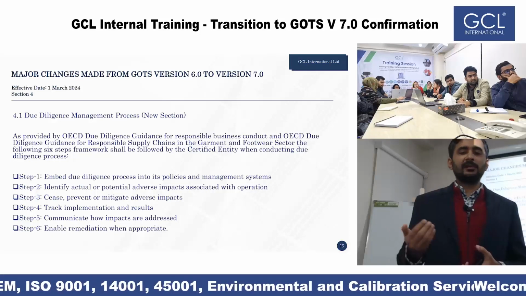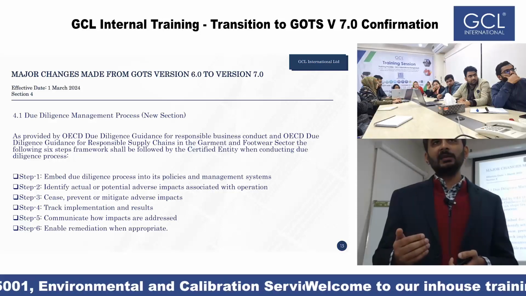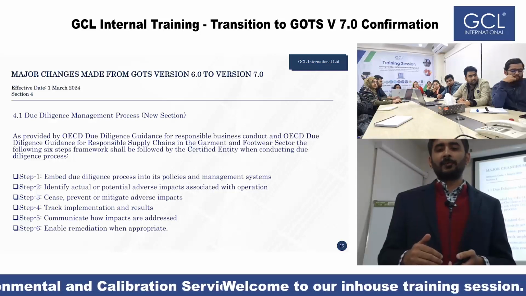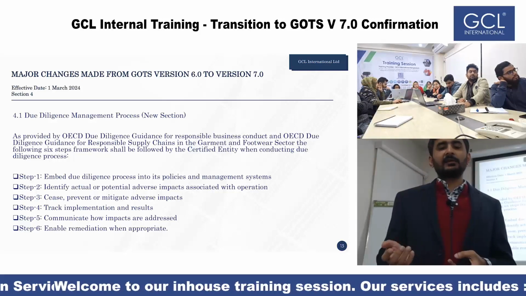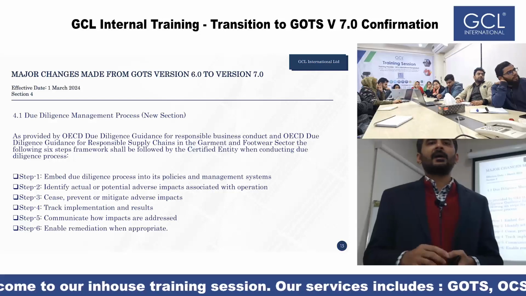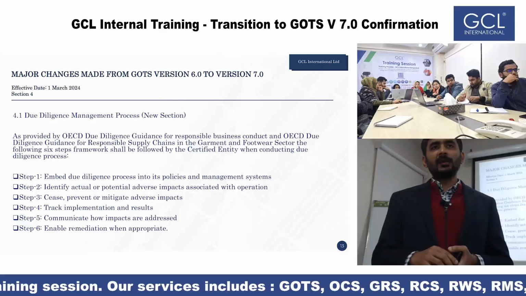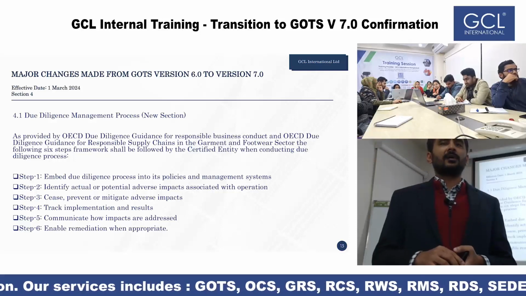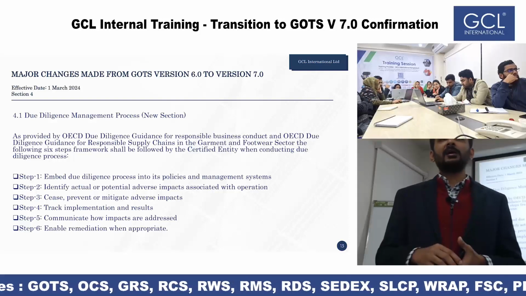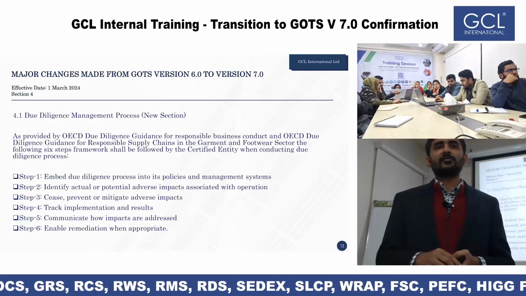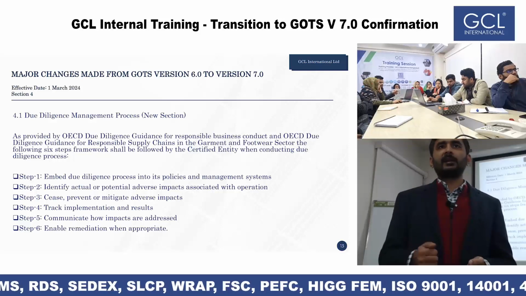That is the action in step 3, and in step 4, tracking the action they have taken in step 3. In step 5, whatever action they have taken and its effectiveness, they need to communicate to the stakeholders. Stakeholders means the relevant stakeholders for the action and the adverse impact; they need to communicate the result to them.